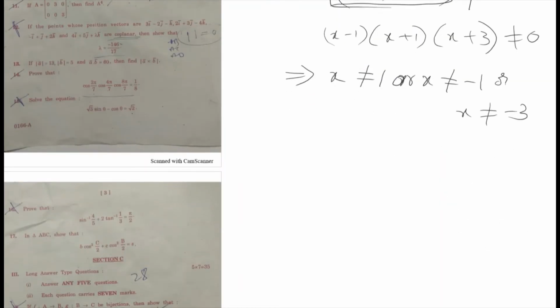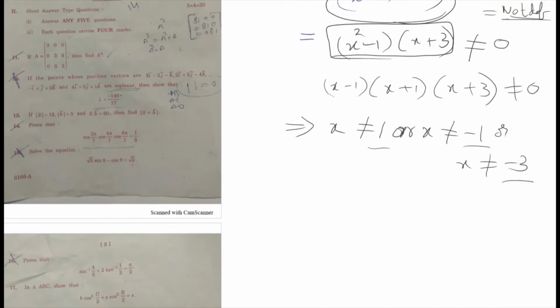Now if x is equal to 1, minus 1 or minus 3, then my function will not be defined. So the domain should be equal to the total real number set minus 1, minus 1 and minus 3. My function will be satisfied for all real values of x except 1, minus 1 and minus 3. So this is our domain now.